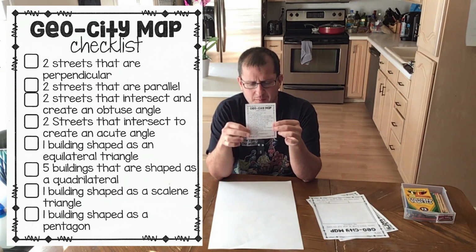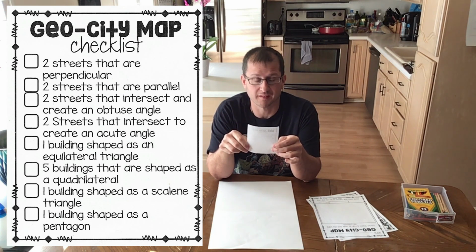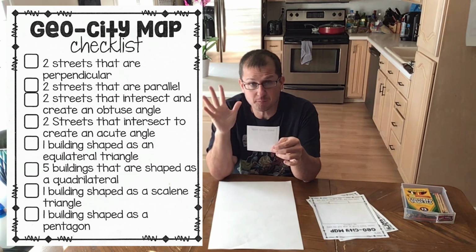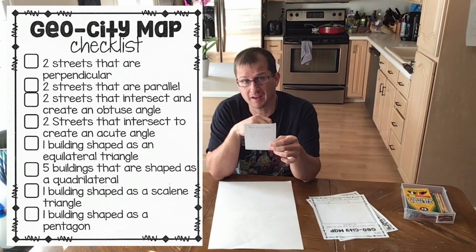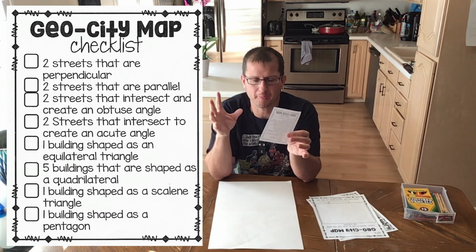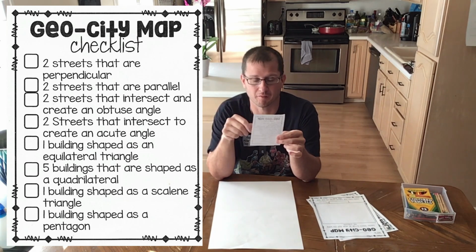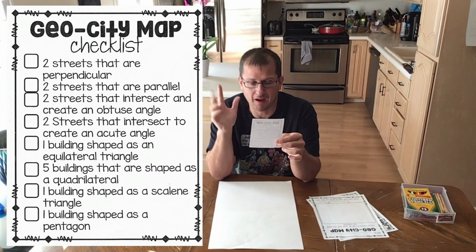And then it talks about the specifics for your buildings. One building should be shaped as an equilateral triangle. 5 buildings should be shaped as a quadrilateral. You can do any of the quadrilaterals. You'll see in mine, I chose to do all 4 of them and then an extra one of them. But you need to have 5 quadrilaterals.